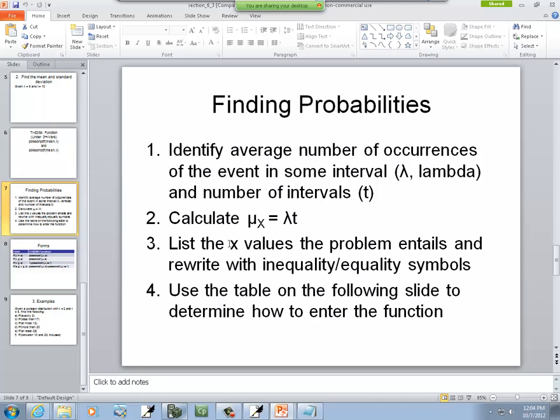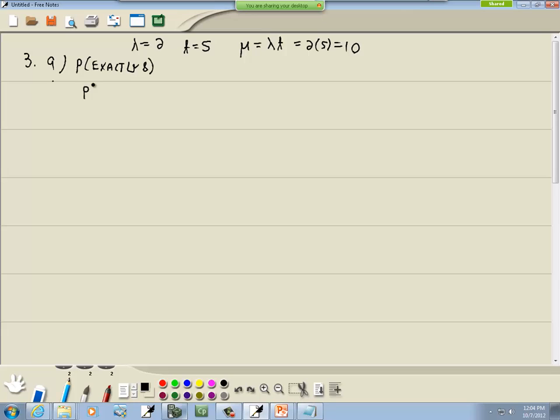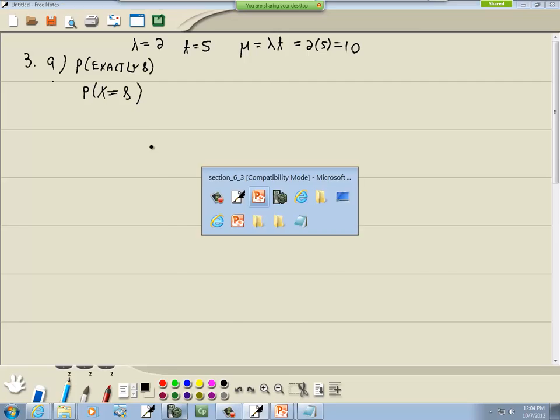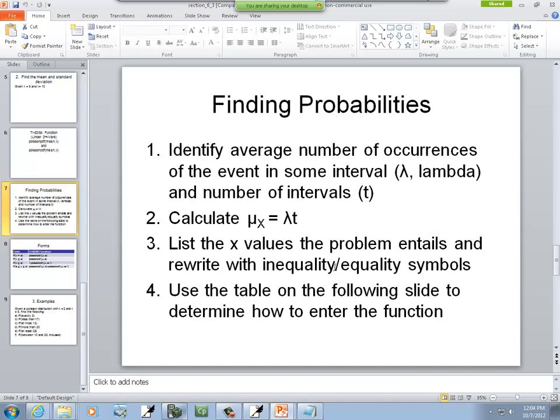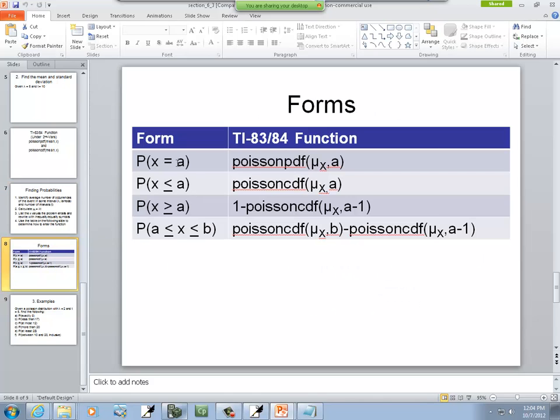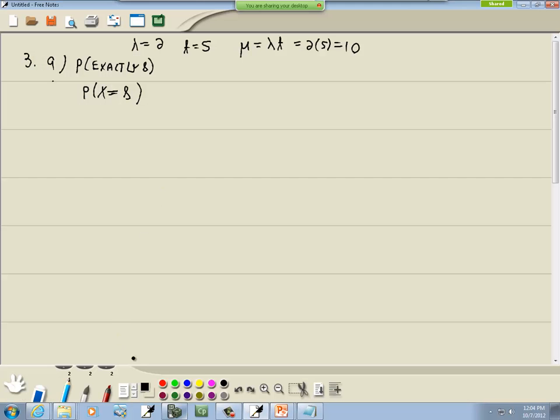Okay, now list the x values the problem entails. Well, this one is x equals 8, so that's just 8. And that's actually already in the equality symbols form. So then it says use the table on the following slide to determine how to enter the function. Well, x equals a number is our first form. X equals a is just a number. So in this case, this is going to be our a.